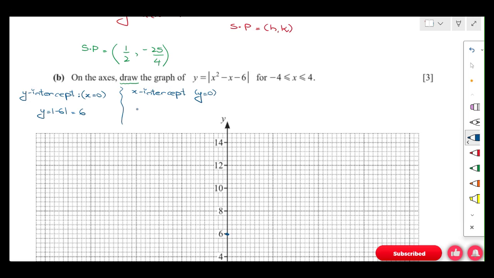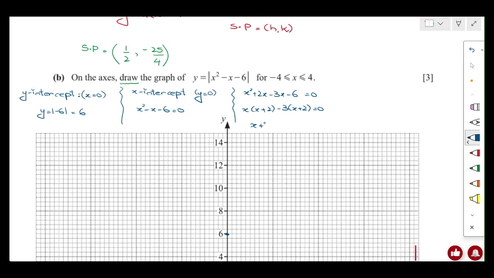When y equals 0, we have x square minus x minus 6 equals 0. We have to factorize this. 2 times 3 is 6 and 2 minus 3 gives you -1. X square plus 2x minus 3x minus 6 equals 0. Take x common, x plus 2 is left. Take -3 common, x plus 2 is left, equals 0.